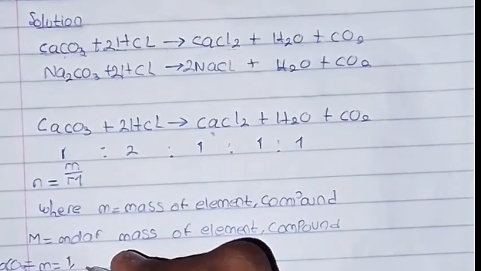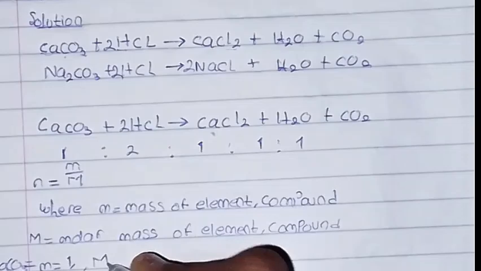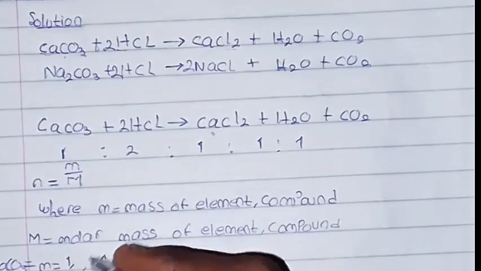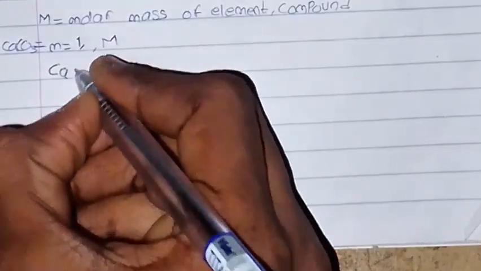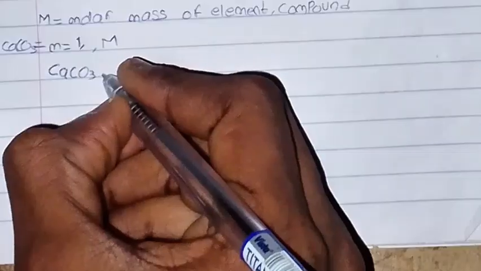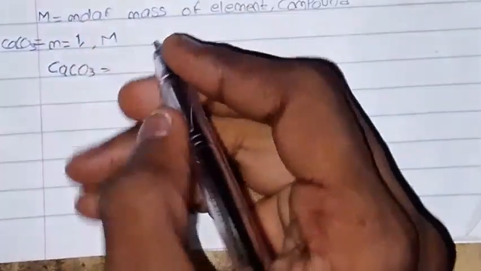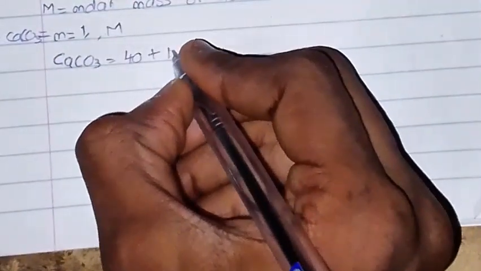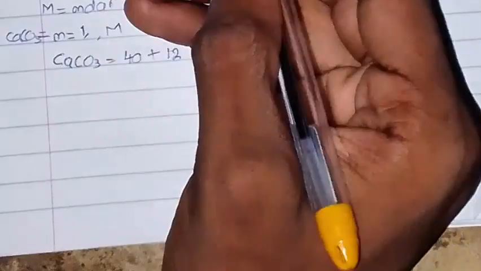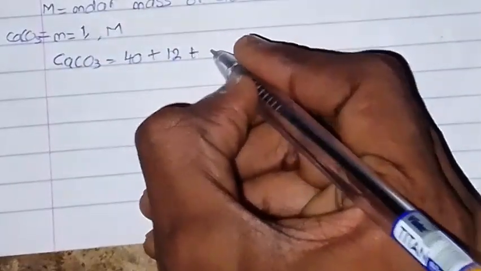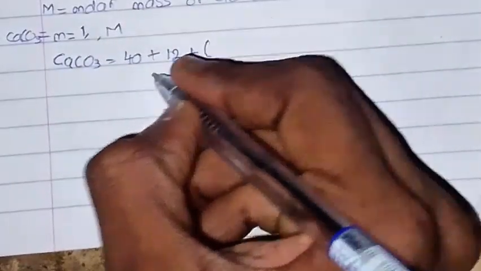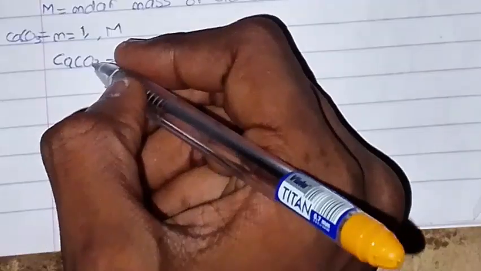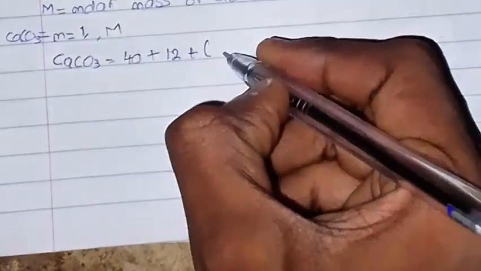As for the molar mass, we're going to calculate it for CaCO₃. How are we going to find the molar mass of CaCO₃? Calcium, the given in the question, was 40. So add 40 plus carbon, still given, was 12. Then oxygen was given as 16. We're going to multiply 16 by 3 since it's 3 moles of oxygen that is in 1 mole of calcium carbonate.